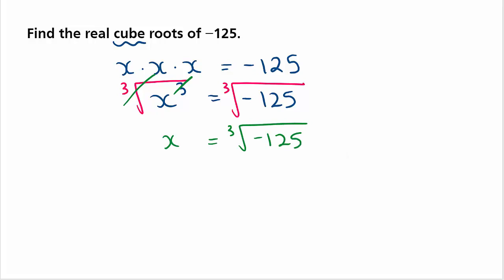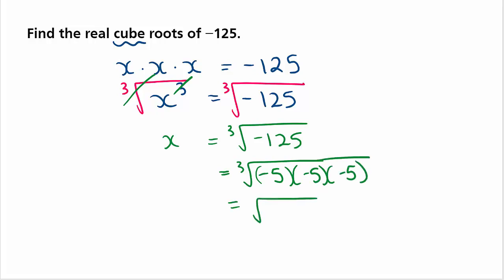So how can we break down negative 125? Well, that's the same as negative 5 times negative 5 times negative 5. We change this to be negative 5 cubed. And then that cubed root on the outside cancels with the cube on the inside.